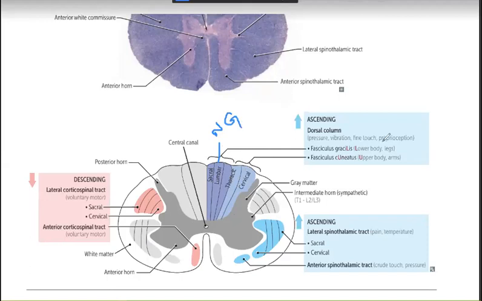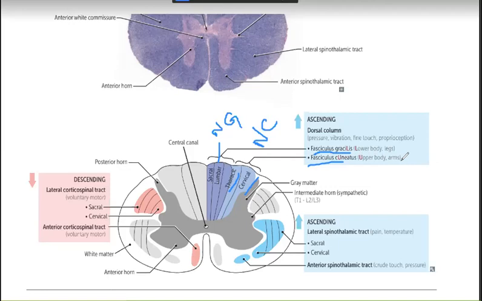In your First Aid, they have used the word fasciculus gracilis, so you have to remember you also call it fasciculus gracilis. And then this light blue thing is present in your cervical and thoracic segments of the spinal cord, and this is called fasciculus cuneatus or nucleus cuneatus, and it's written that this deals with the lower body, legs, and this deals with the upper body, arms.